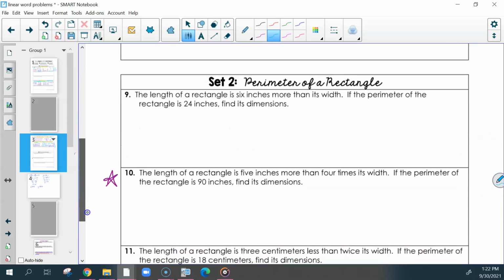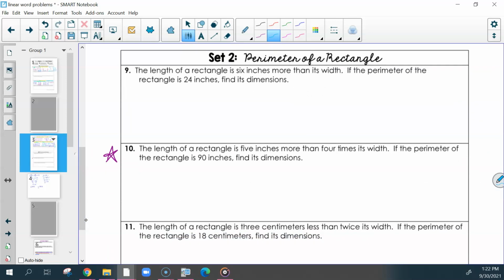All right, let's move on to some perimeter problems. So with these perimeter problems, again, I'm going to look and see what's important. The length of a rectangle is 5 inches more than 4 times its width. So the length is 5 inches more than 4 times its width.